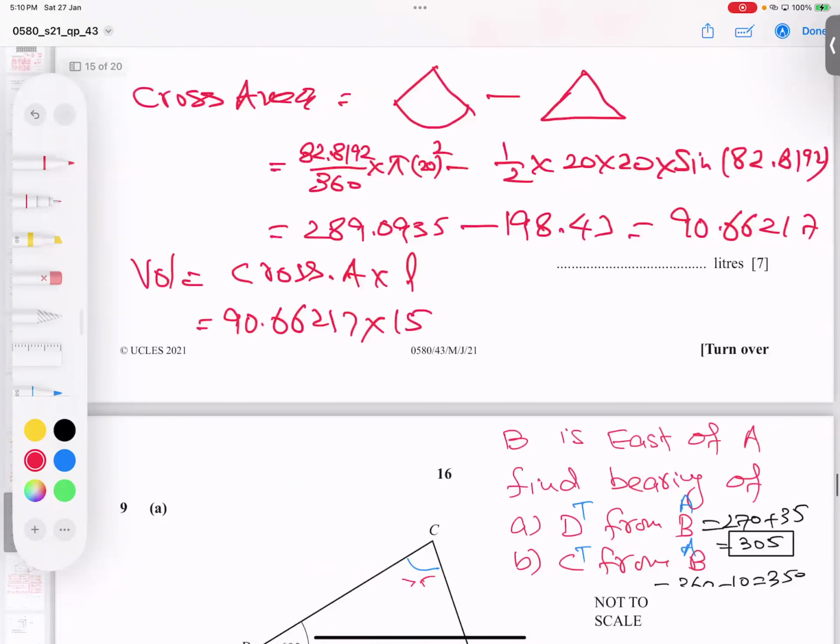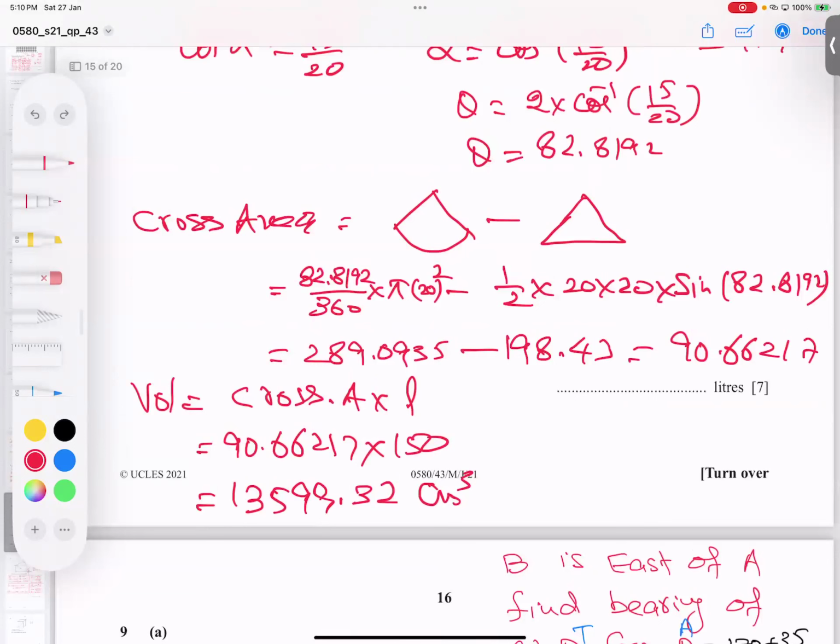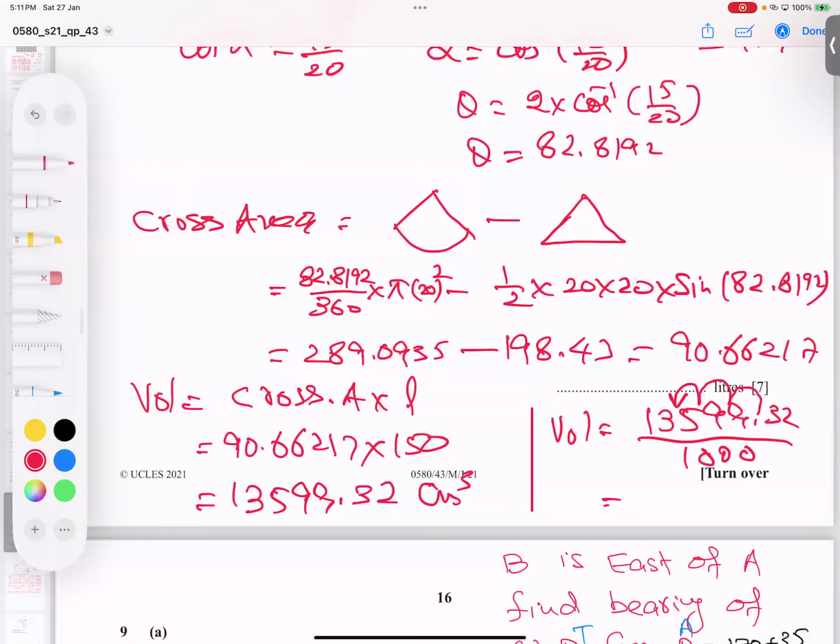But the question said to give the answer in liters. For your knowledge, whenever you want to convert to liters, divide by 1000. So volume is 13599.32 divided by 1000, three zeros, three jumps. So 13.599, rounded becomes 13.6 liters.